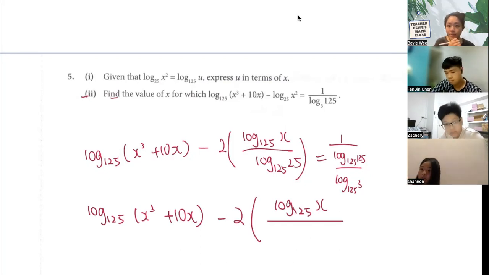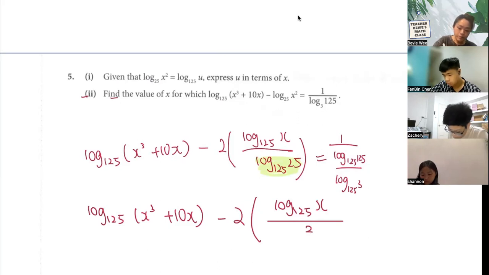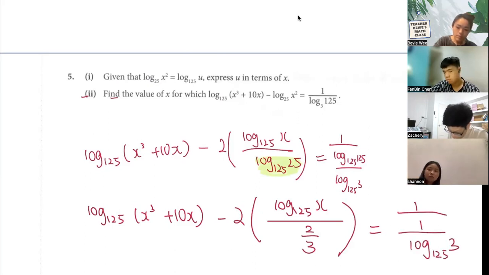Can you all help me press what is the value? Press it in the calculator, so you need to change it to a base of 10. Log 25 divided by log 125. Do y'all get 2/3? Yeah.